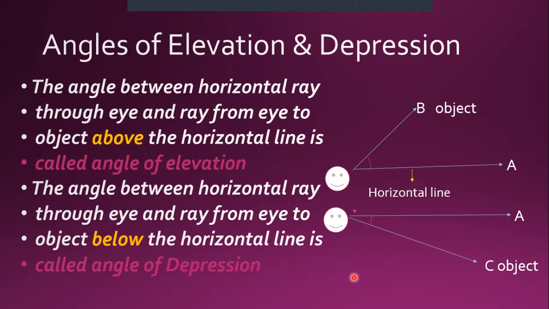If you do kite flying, then you are standing at ground level and you are looking at something high from your eye level, and if you are standing at your roof and you are looking at ground, then these are the angles of elevation and depression. How to use them, you will see in the questions.